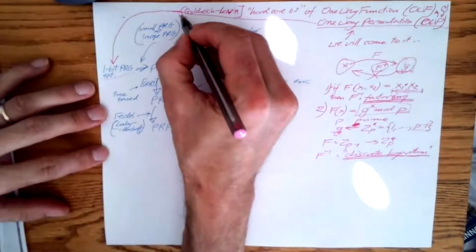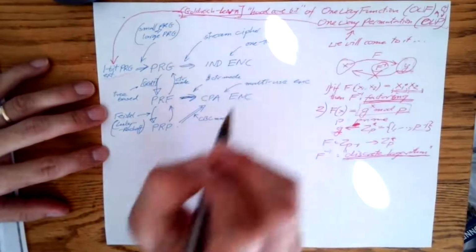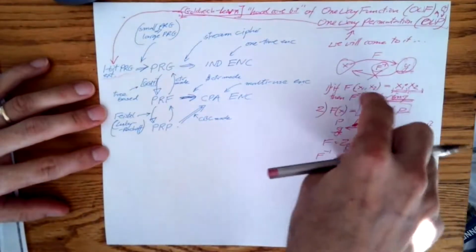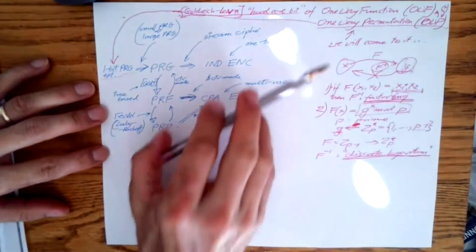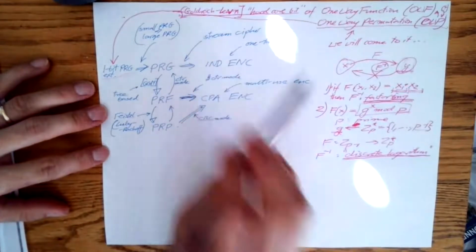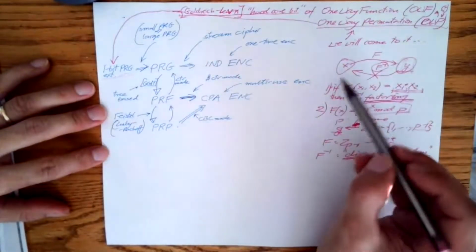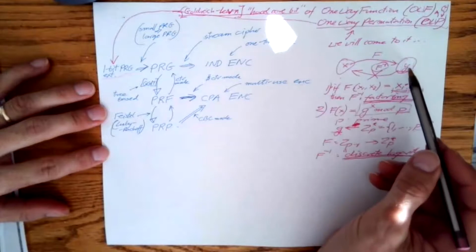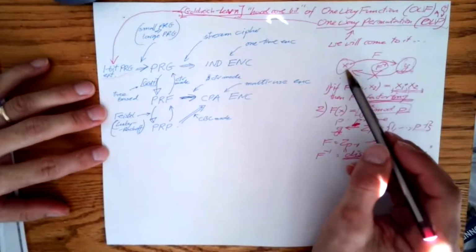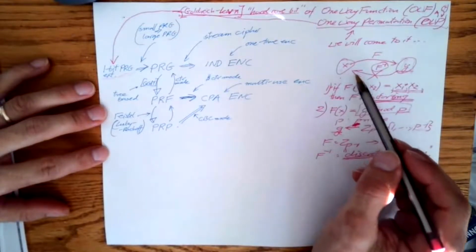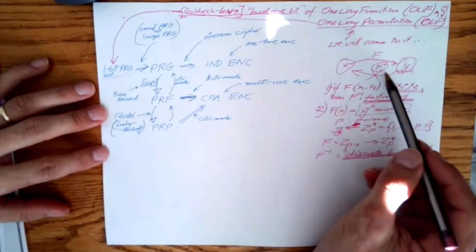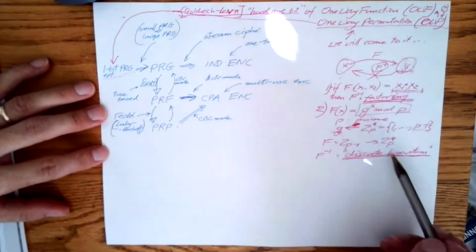But thanks to this beautiful stuff, you can take any of these. And why is this called a one-way function? Well, as the picture shows, you can efficiently compute it one way. The inverse exists, it's well defined, but we don't know efficient algorithms to compute it.